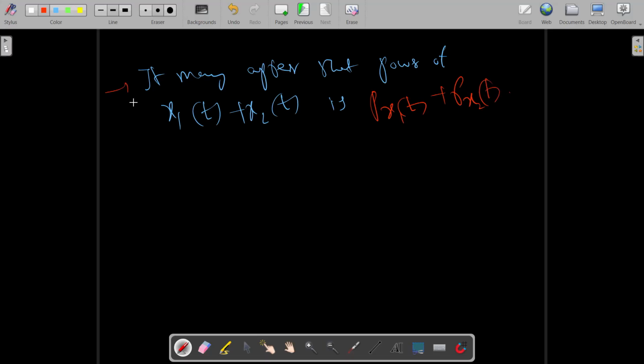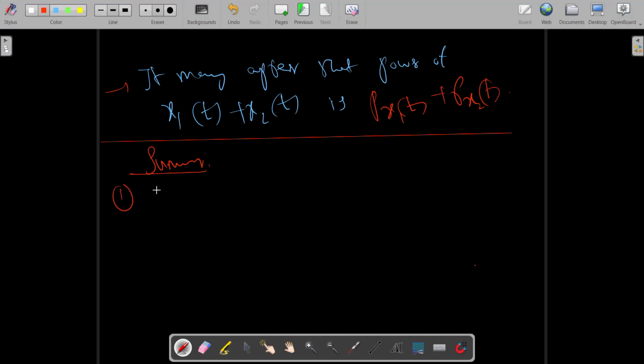It may appear like this for you, but unfortunately this conclusion is not true in general. That is what we saw in part B. Even though we have two separate signals, x1 of t and x2 of t, instead of getting p1 plus p2, you are getting some extra term, correct? So this is in general not true.